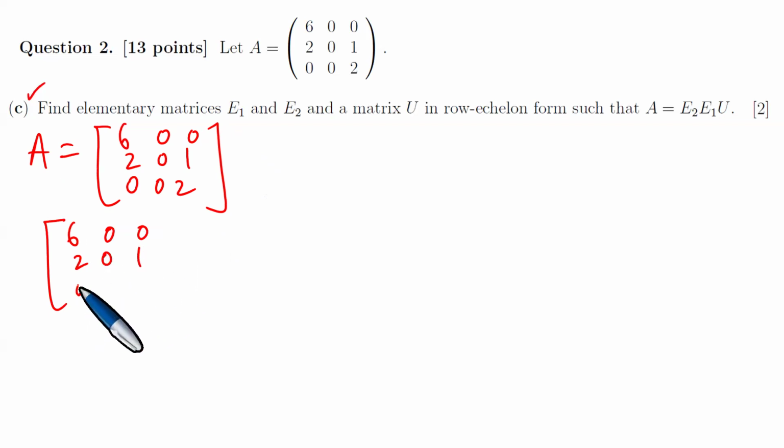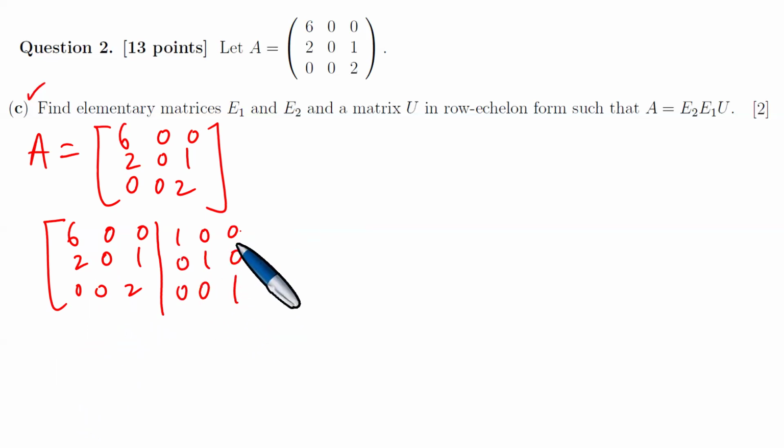There are many ways to do that. I've seen many people just putting the matrices adjacent to each other for purposes of the elementary matrices. Here you put 1, 0, 0, 0, 1, 0, 0, 0, 1, as if you're attempting to find the inverse, and perform a series of elementary row operations.